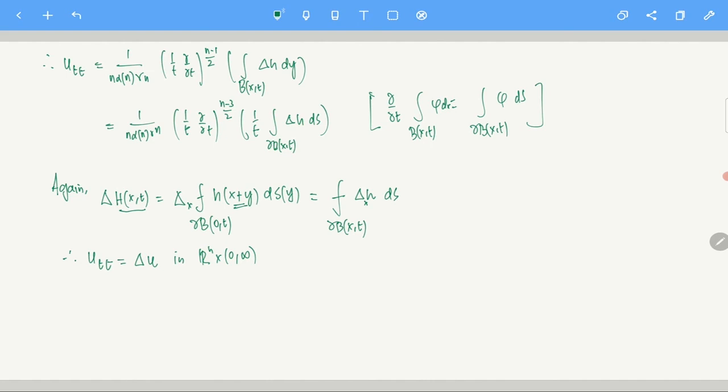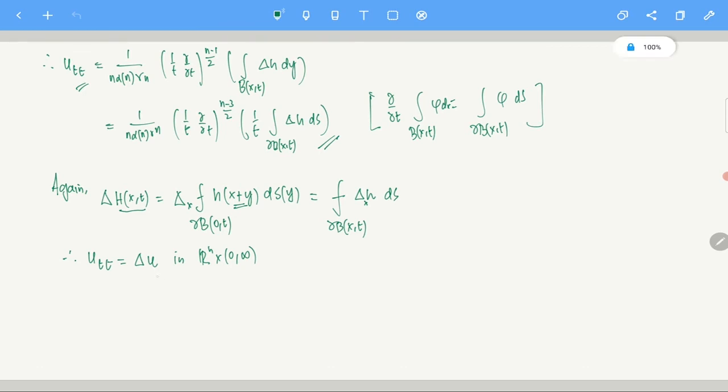If you calculate the Laplacian of u, you essentially get your u_tt. So that is what we just proved, that u_tt equals the Laplacian of u. I hope that is clear.